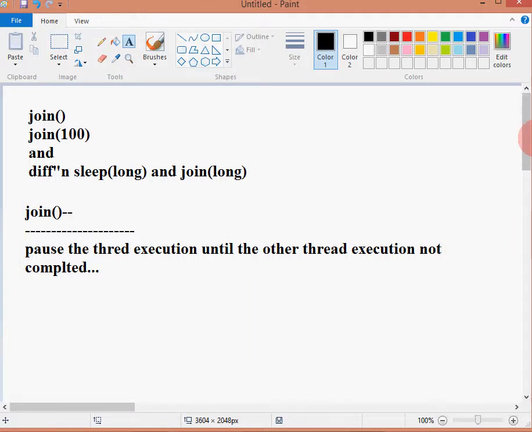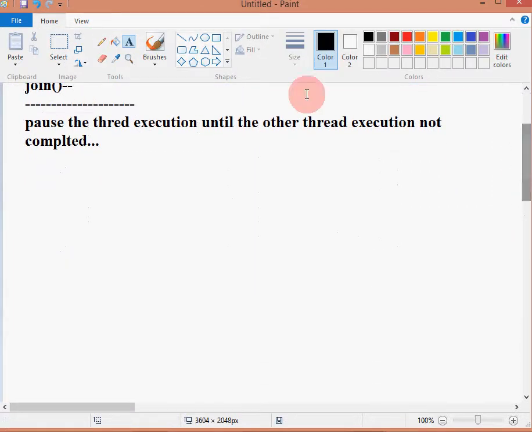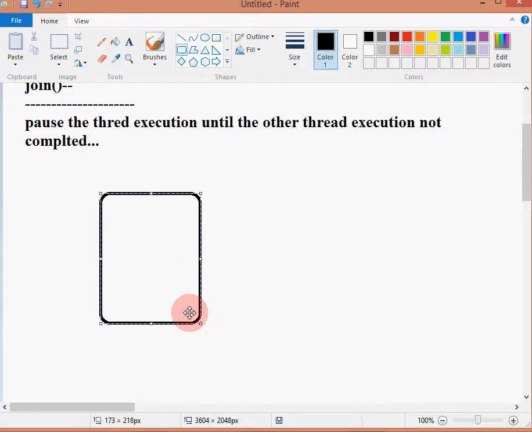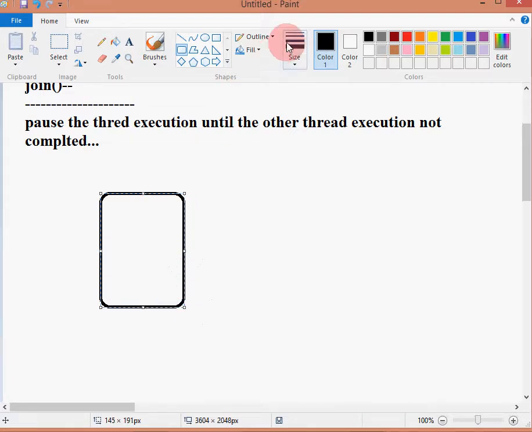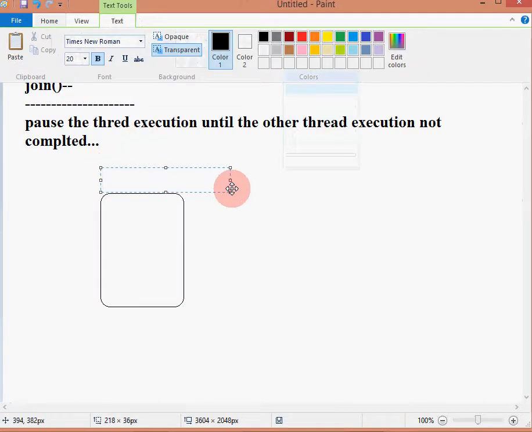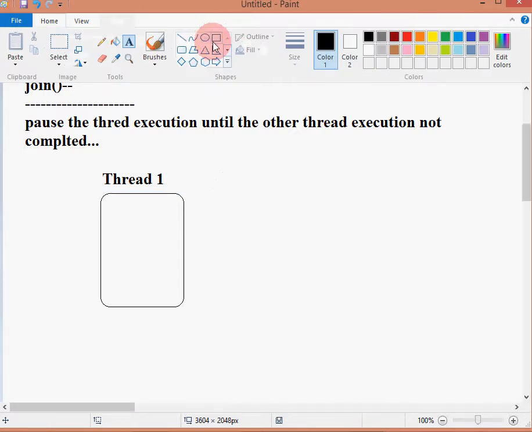Suppose I have two threads. Assume this is my thread one, and I have another thread named thread two.